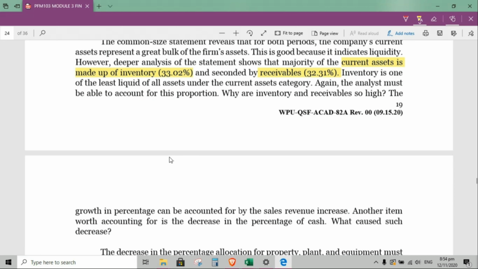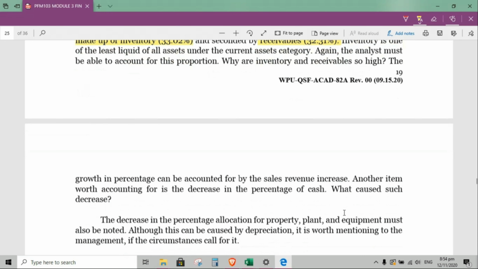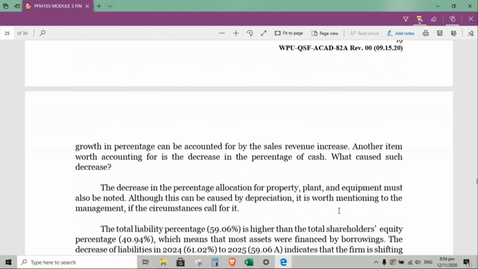Okay, ngayon, ang tanong, the growth in percentage can be accounted for by the sales revenue increase. Katulad na sinabi ko kanina, may kinalaman siya doon sa sales. At isa pa na pwede natin mapansin doon sa analysis is bumaba yung percentage ng cash.